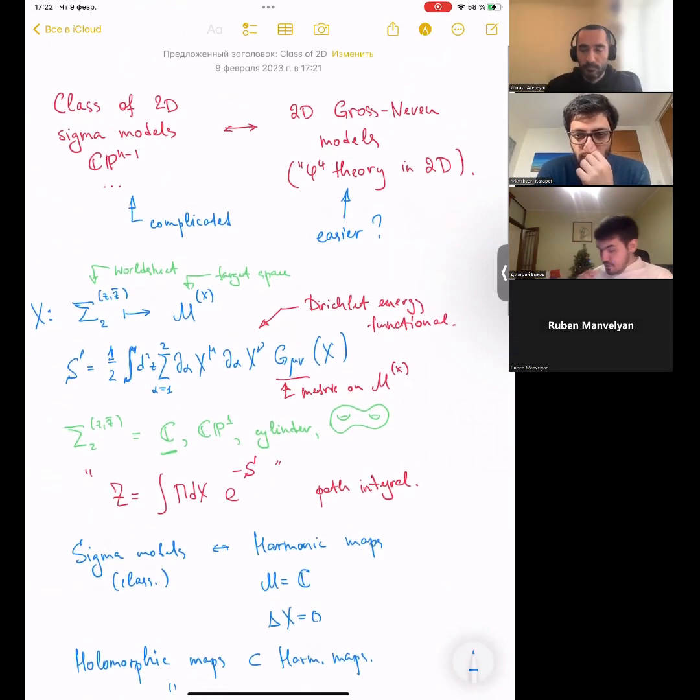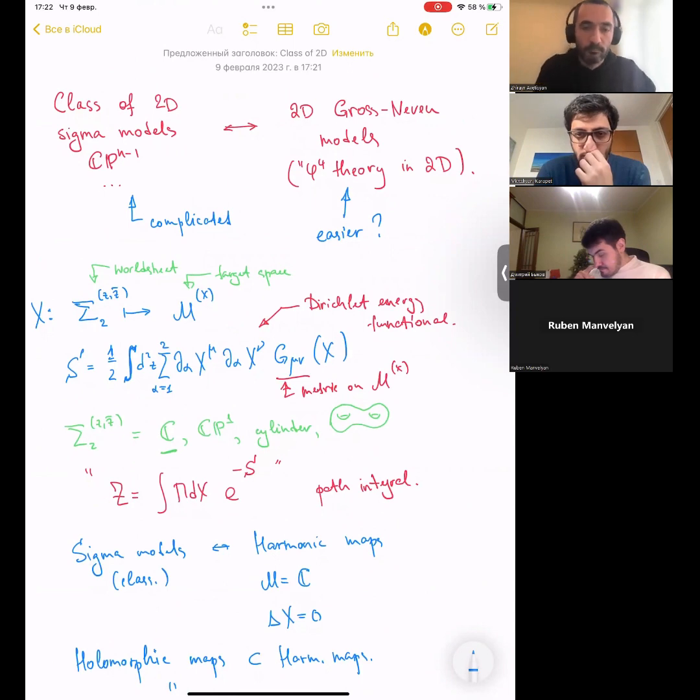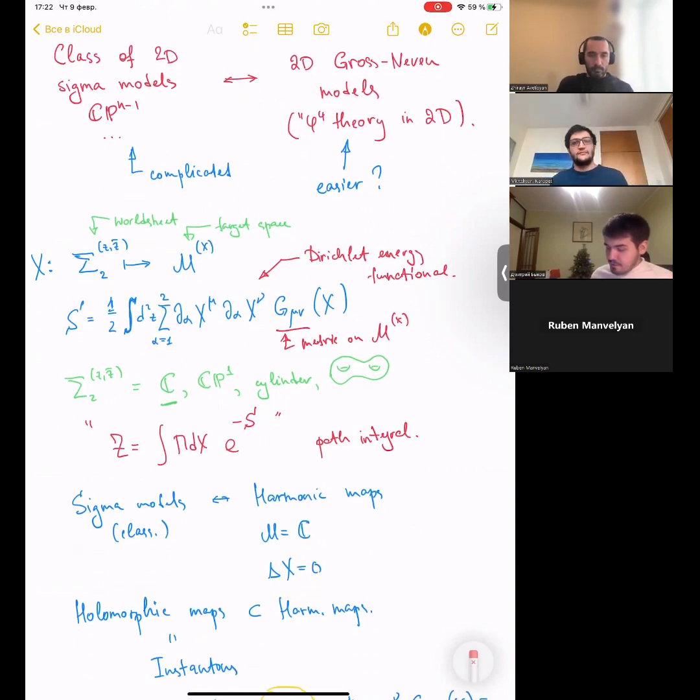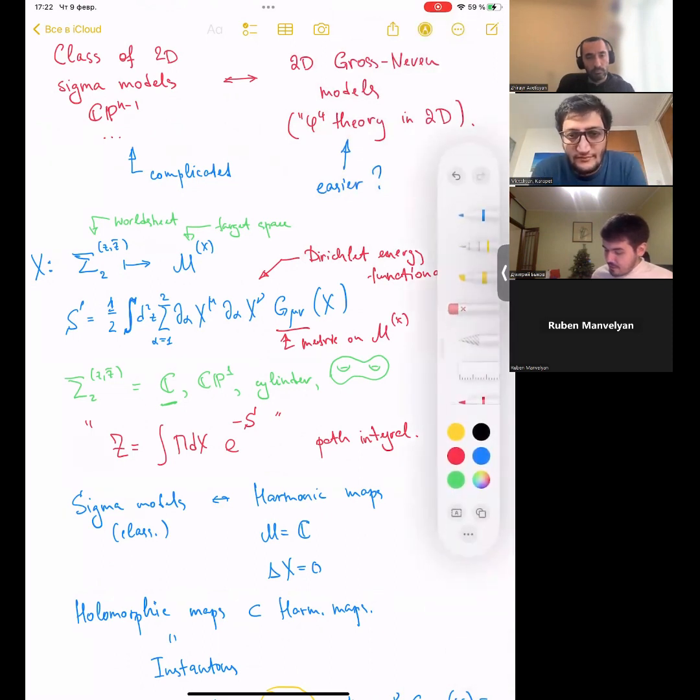So what I want to do here is claim that for a certain class of models, you can do this mapping to Gross-Neveu models, which are easier because they are polynomial models, basically. In the sigma model setup, the problems come from the fact that there is this dependence on X in the metric.